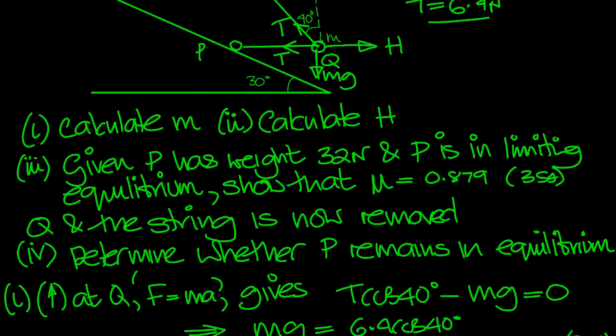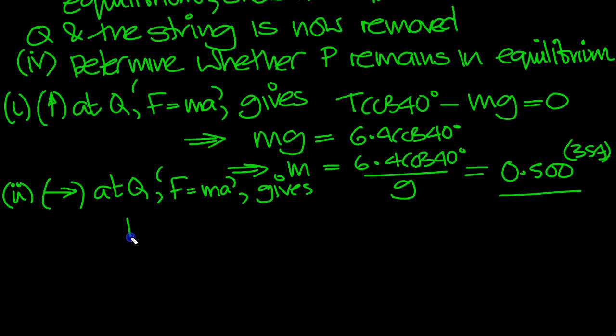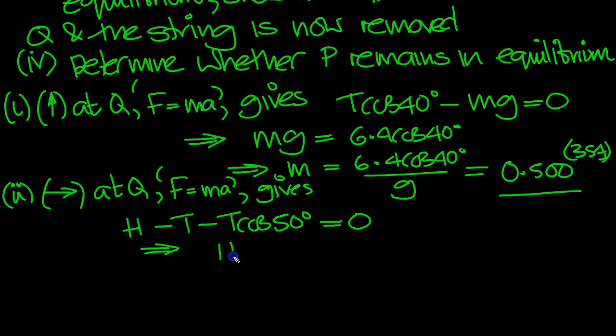Well, we've got H minus T cos 50 degrees equals 0. So that tells us what H is.